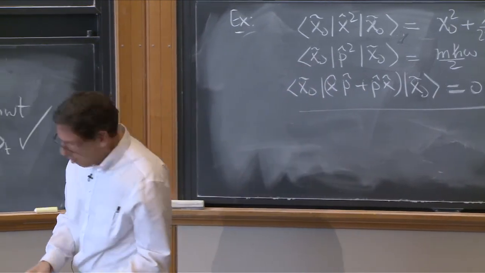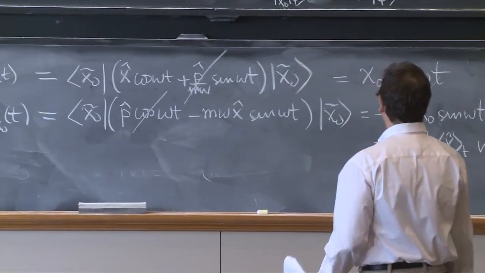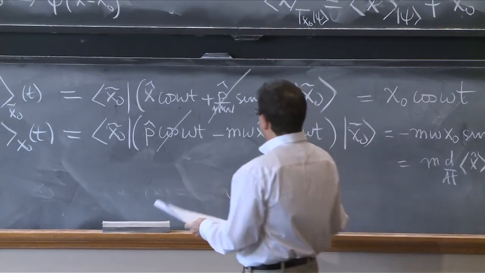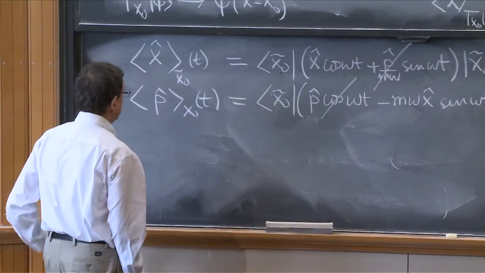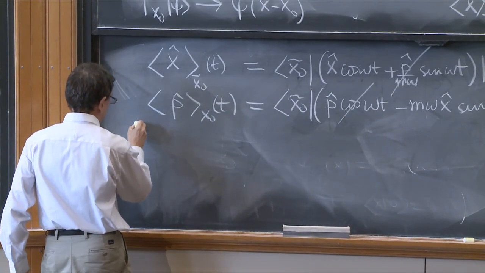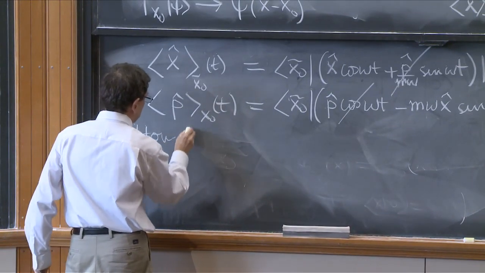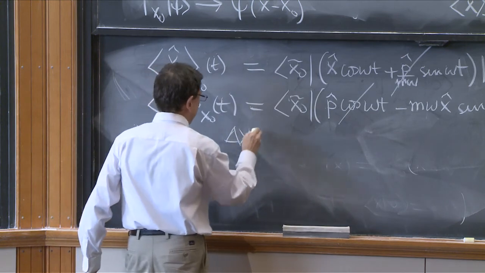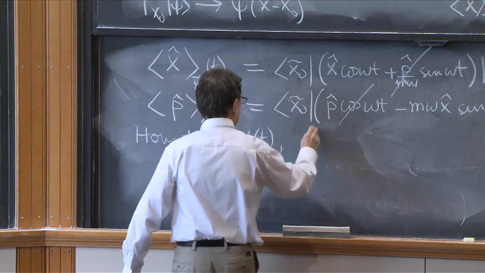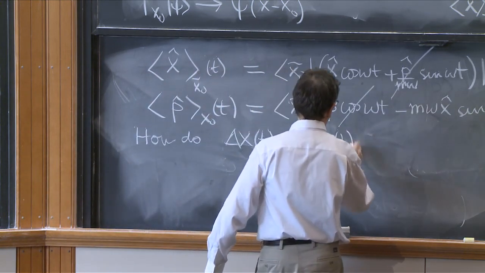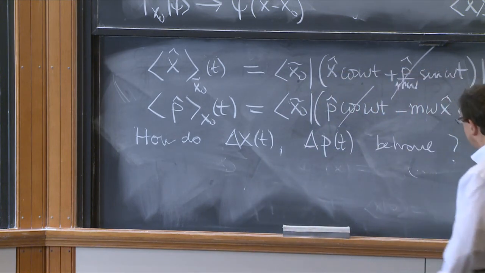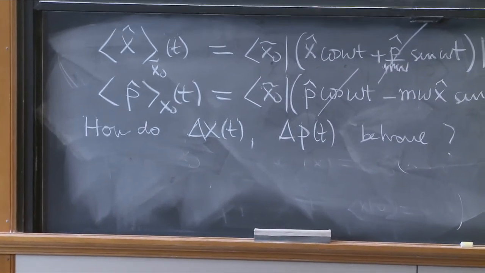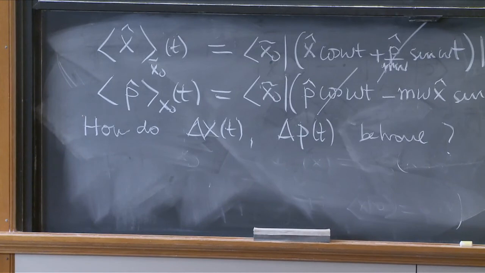So what we need to compute is the uncertainty in x, for example. So how do delta x of t and delta p of t behave? That's our question. And let's see how they do.